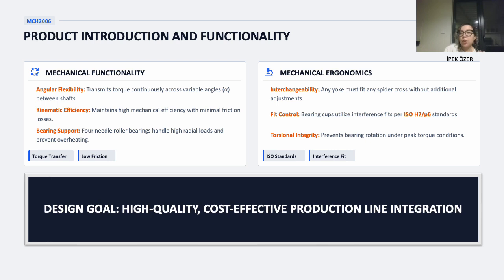It ensures high kinematic efficiency with low friction. And for the mechanical ergonomics, we ensure interchangeability between yokes and spider crosses. Furthermore, bearing cups utilize interference fits under the ISO 87 standard.